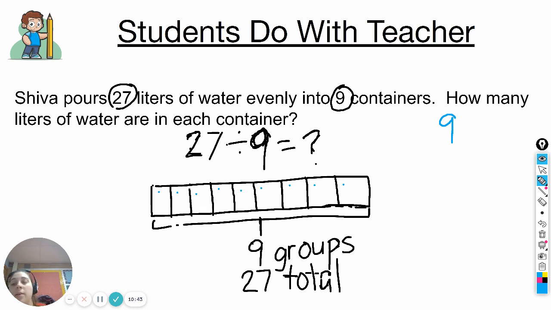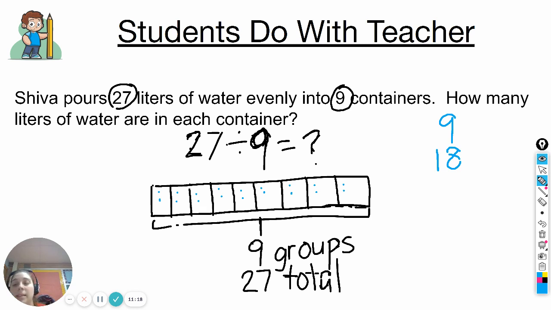We got to keep going because we have to give away 27 liters. So let's keep going. We're at 9. Next is 10, 11, 12, 13, 14, 15, 16, 17, 18. Let's keep going.